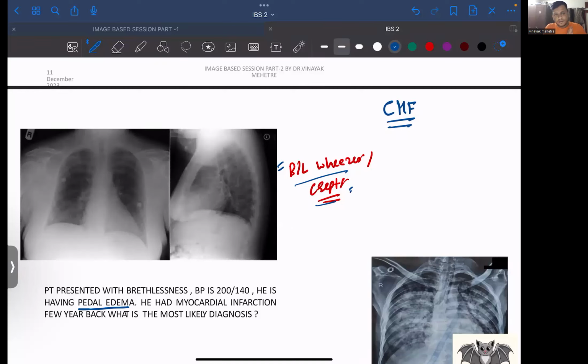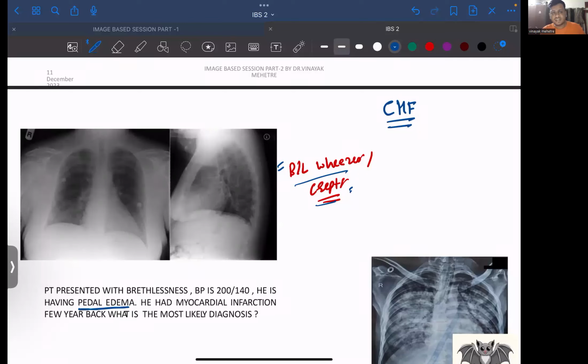The patient's BP is high, wheezes are present, there was pedal edema, and he gives a history of myocardial infarction, so 99% the patient is of congestive heart failure, right? Even a CKD patient presents with CHF only when they are about to die. Okay, the patient needs urgent dialysis at that time.